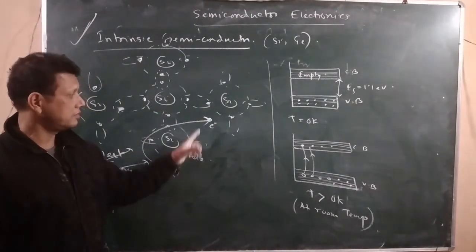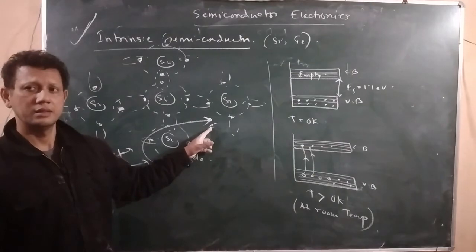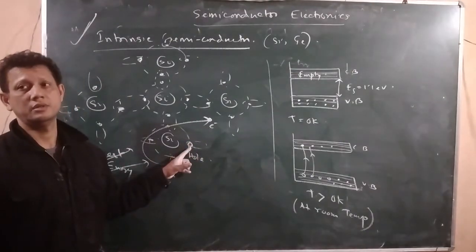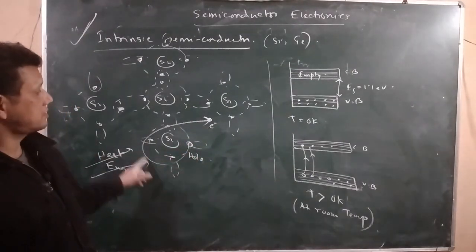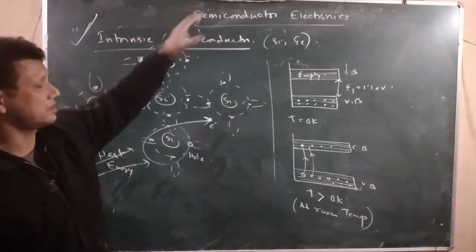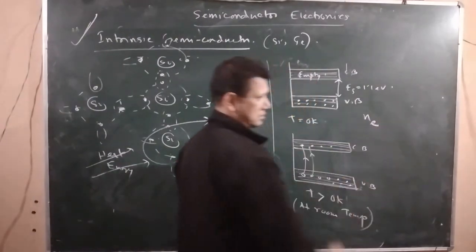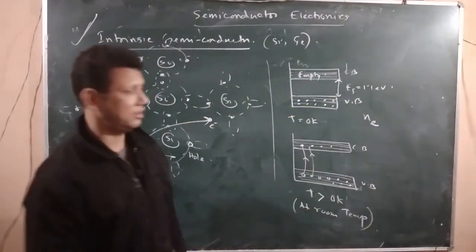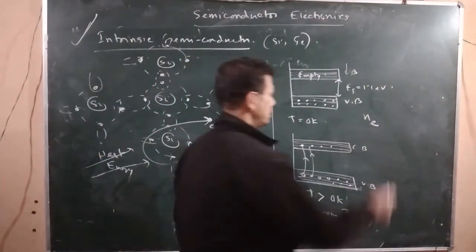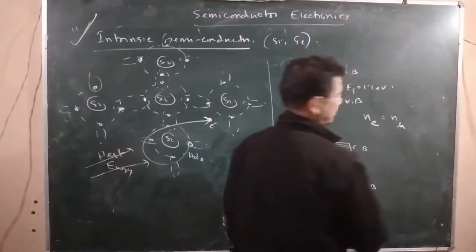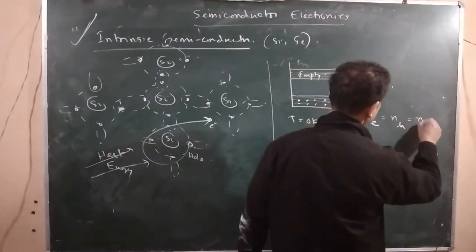Okay, so here jodi 1 million free electron ase, there are 1 million holes also. So one important relation comes, that is, in case of intrinsic semiconductor, the number density of electrons, number of electrons per unit volume, is equal to the number of holes, and this is together known as ni.